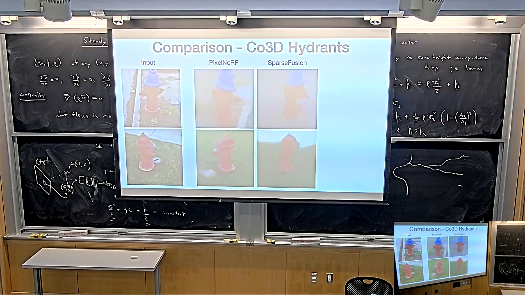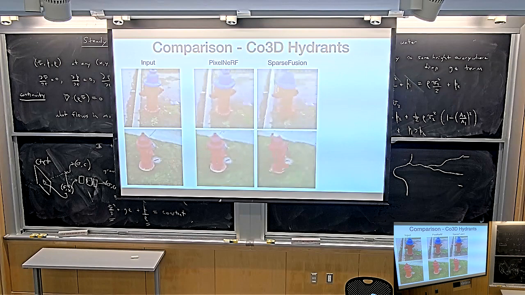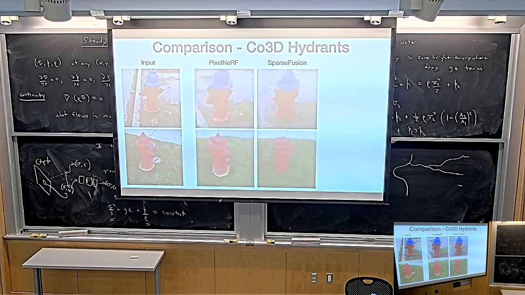So just for the record, what you see here is PixelNeRF. This is a deterministic model, and you can see it's perfectly 3D consistent except for some noise. So where is this noise coming from? The noise is coming from the fact that the rendering is so incredibly expensive. This is volume rendering, right? Because the rendering is so expensive, you have to sample relatively few points along each ray to keep the cost down.